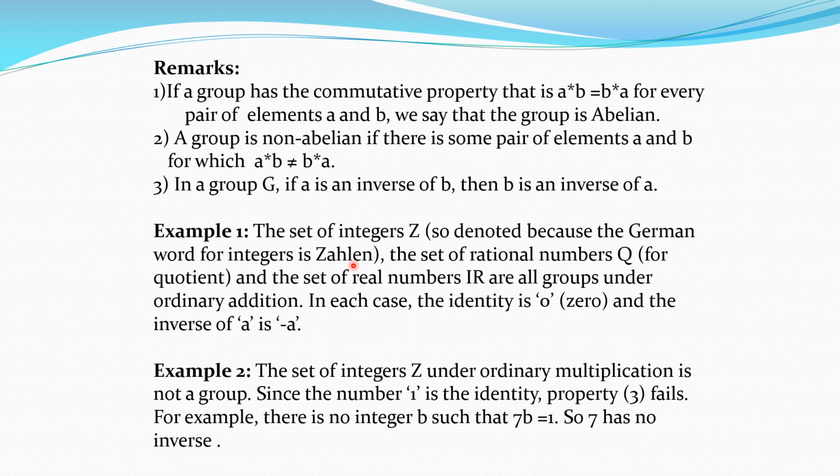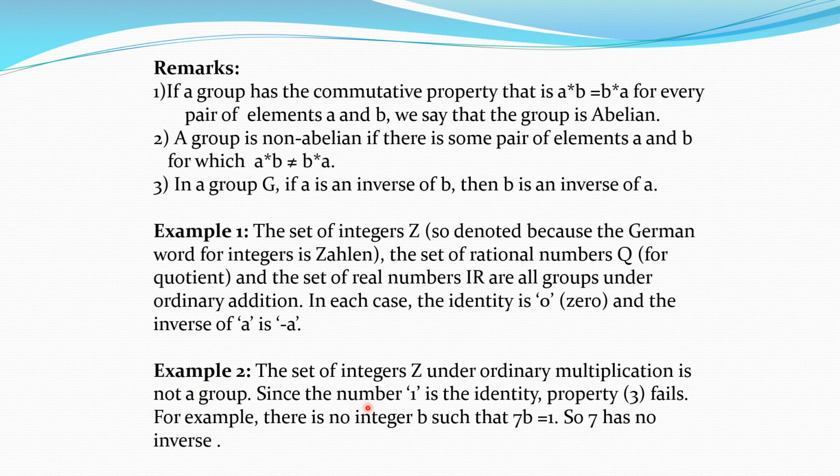So these are groups. But remember, in case of Z, Q and R with respect to addition, 0 is the identity element. And for every element A in that set, its inverse is minus A, which is known as the additive inverse of that element. Now, second example: the set of integers Z under ordinary multiplication is not a group.